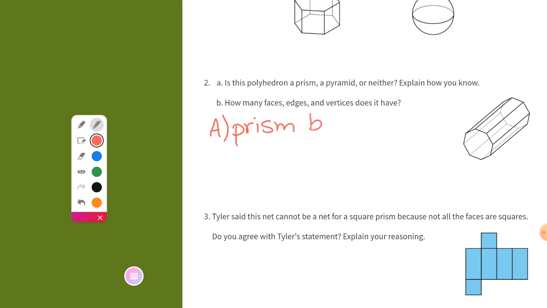And I'm going to put because it has rectangle faces and 2 bases is the important part. So if you had one or the other, make sure you have both. If you had just one of those, add in the other.